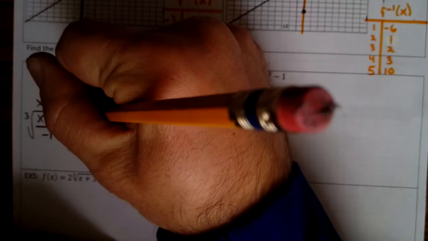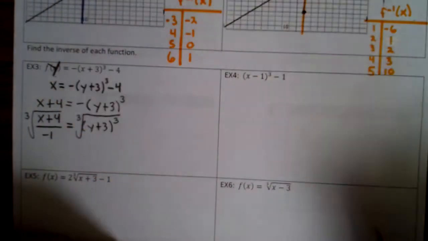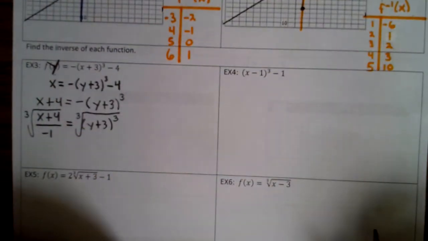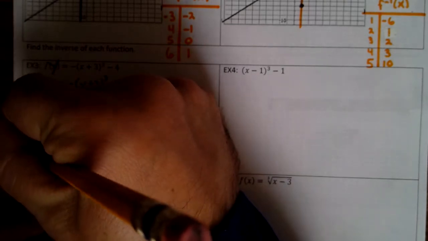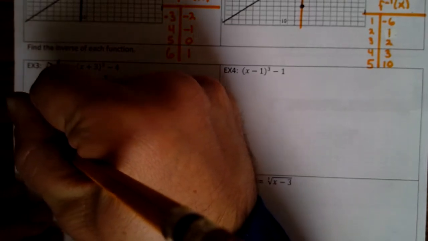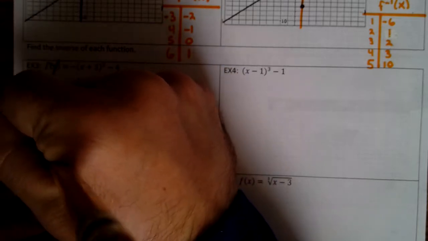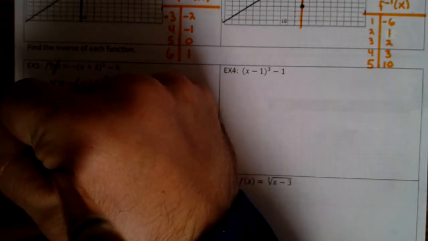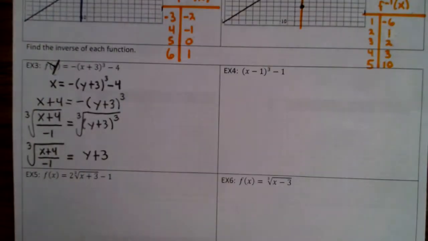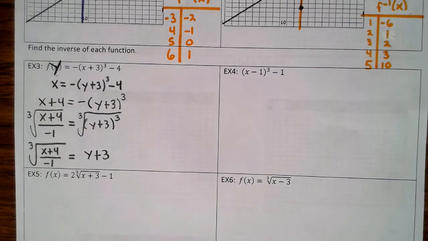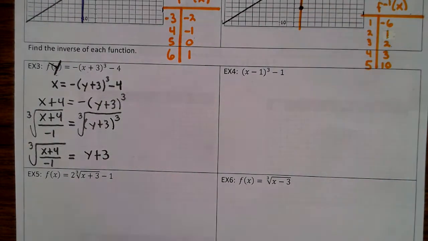So then you have the cube root of x plus 4 divided by -1 equals y plus 3. Okay.